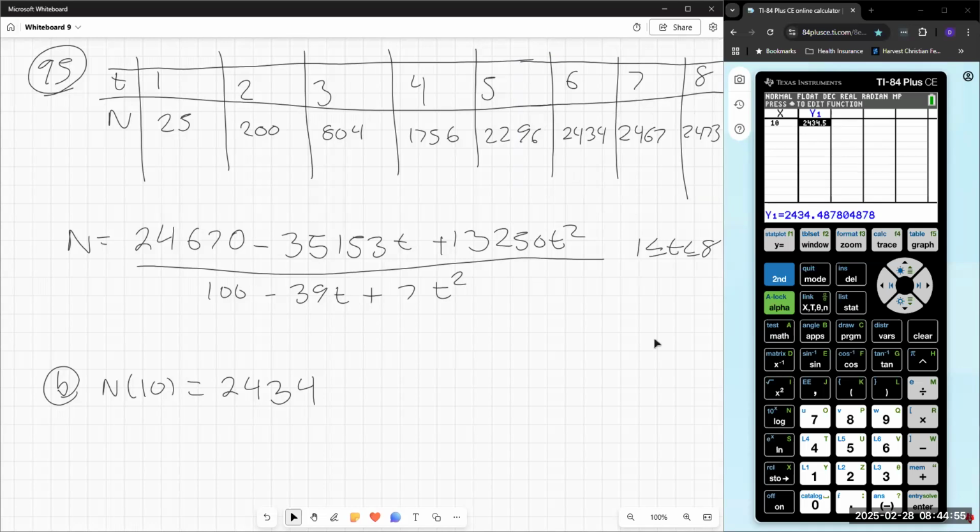There's even some level of uncertainty going to 10 because it's outside of our interval of 1 to 8. So we have to give some uncertainty in our answer for 10, but we would have to give a lot of uncertainty if we're going months out, if we're talking about 3 months, 6 months, 12 months, whatever.